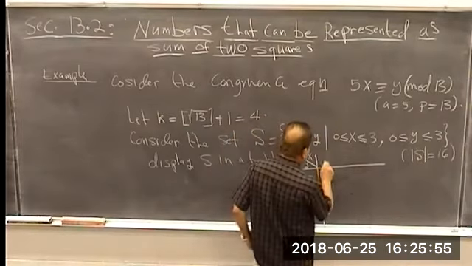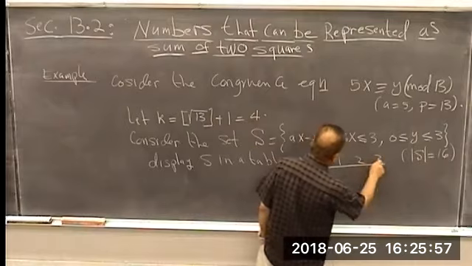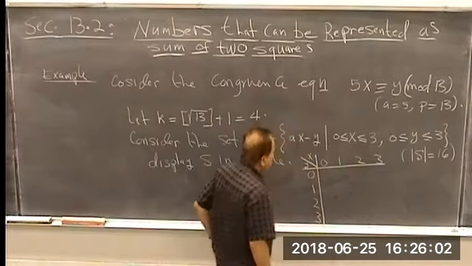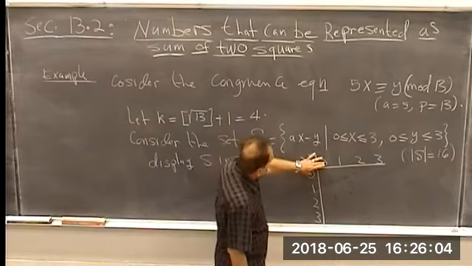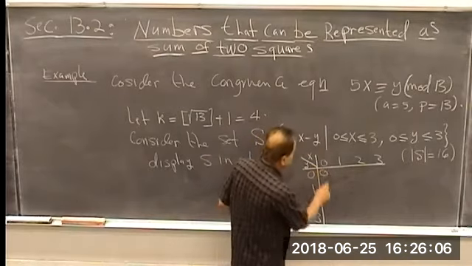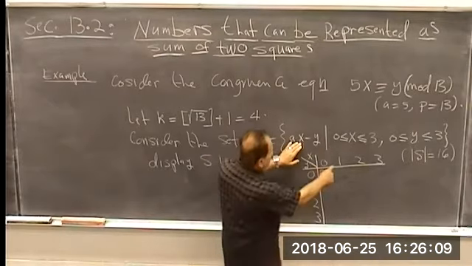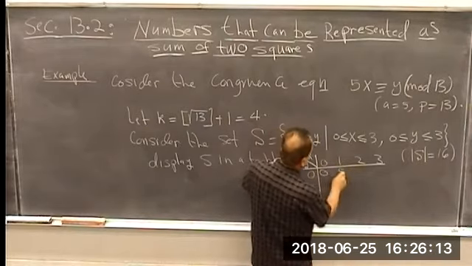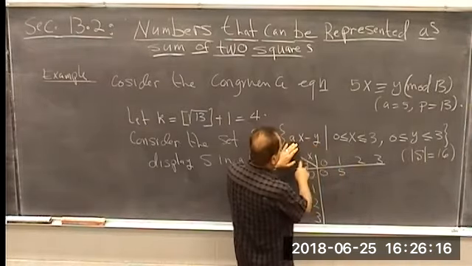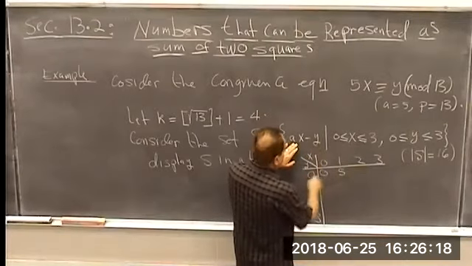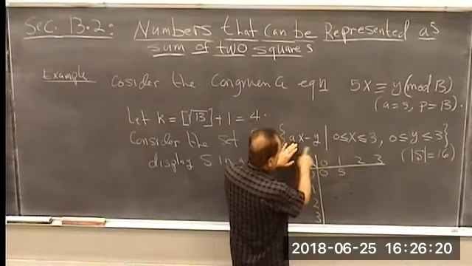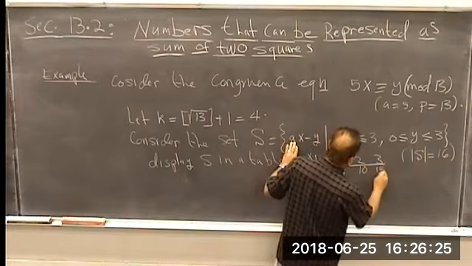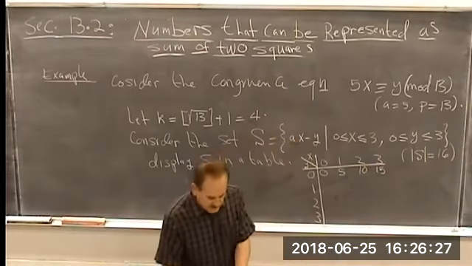So the x values are 0, 1, 2, 3, and the y values are 0, 1, 2, 3. We substitute first x and y both 0, and we get 0. Then y is 0, x is 1, so this is going to be 5. Then y is still 0 to fill out the first row, and x is 2, this is going to be 10. And this is going to be 15. And so on, we fill out the table.